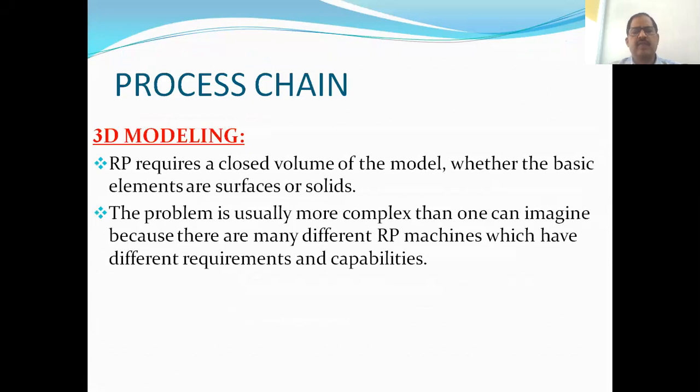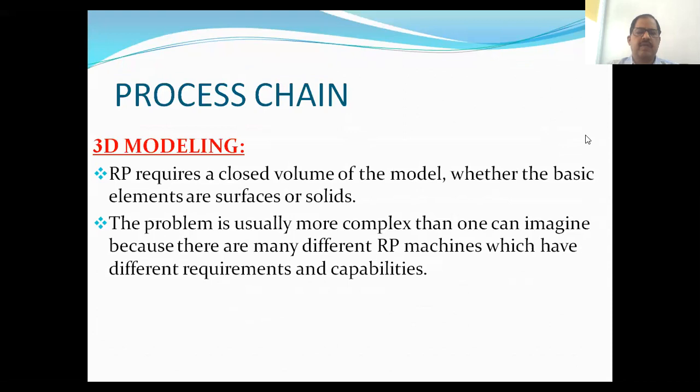Now next one, RP requires a closed volume of the model, whether the basic elements are surface or solid. Closed volume means this is a closed volume. We won't get an open volume from a solid; we get an open volume whenever we use a surface model. In surface modeling, we are getting open volume. Okay, now go for file, new part, next to surface.